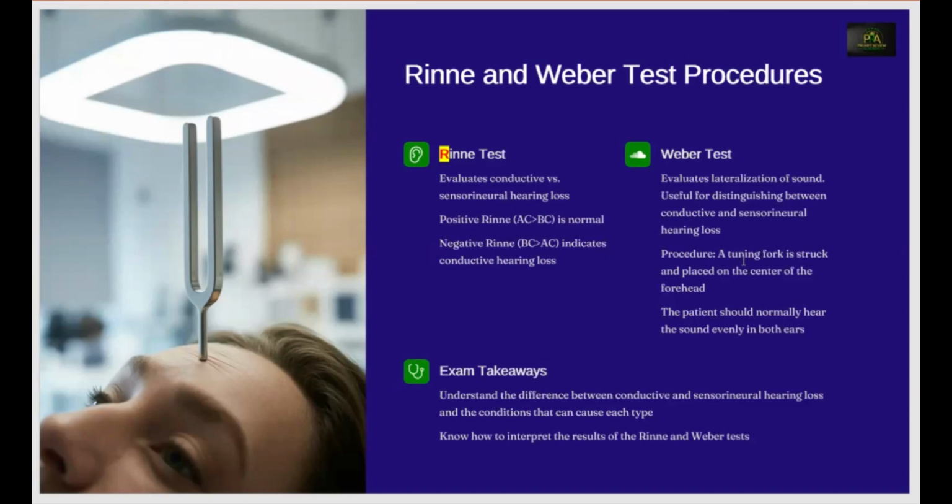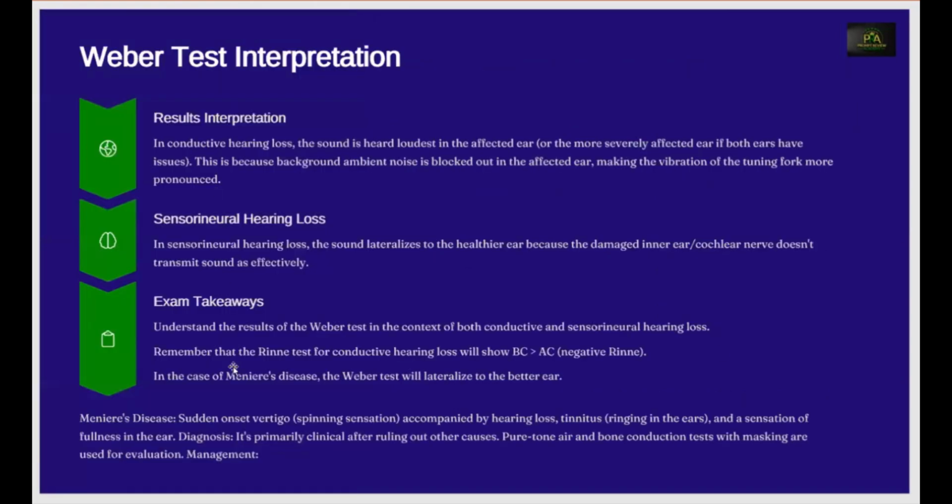So when it lateralizes to the affected ear, that is abnormal. But when the lateralization is equal, like both ears, it doesn't lateralize anywhere, then that is normal. Then the other thing we said was the result interpretation.